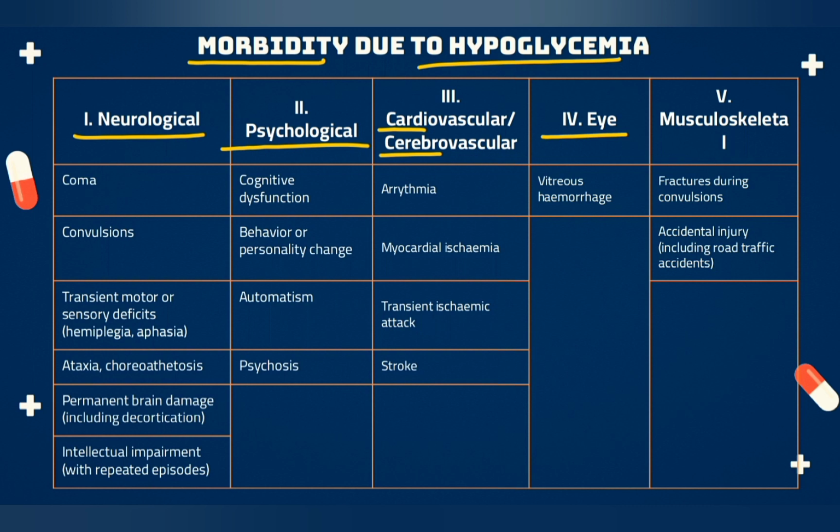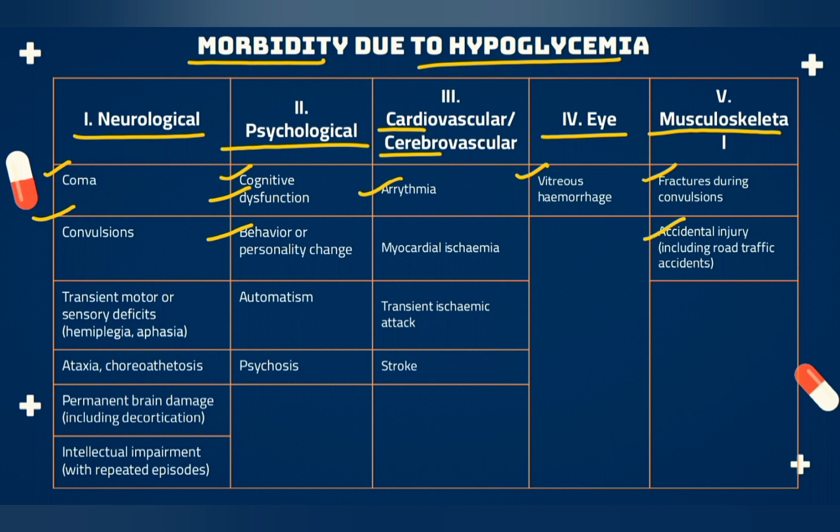The neurological morbidity includes coma, convulsions, and etc. The psychological morbidity can be cognitive dysfunction, behavior or personality changes, and others. The cerebrovascular or cardiovascular can include arrhythmia, myocardial ischemia, stroke. The eye morbidity can be vitreous hemorrhage, and the musculoskeletal can be fractures during the convulsions and some other accidental injuries.